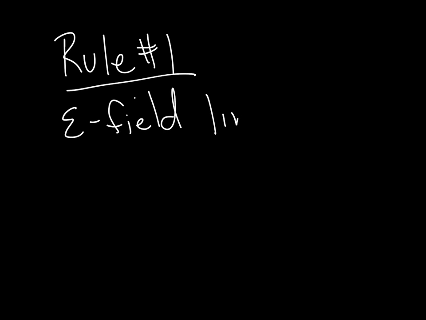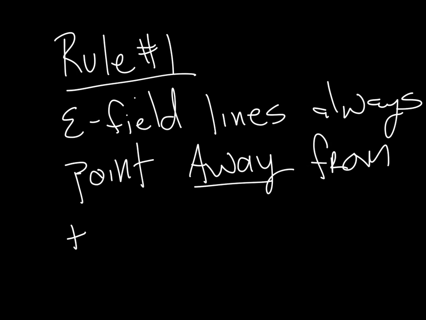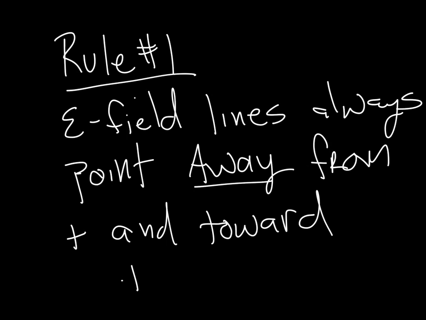All right, E field lines always point away from positive and toward the negative. That's rule number 1. They always go away from positive and toward negative. Rule number 1. Always have to follow that.